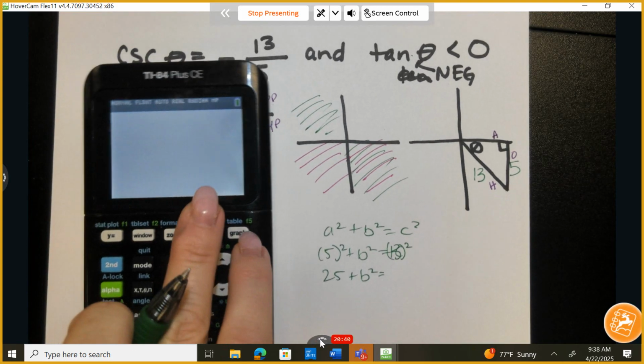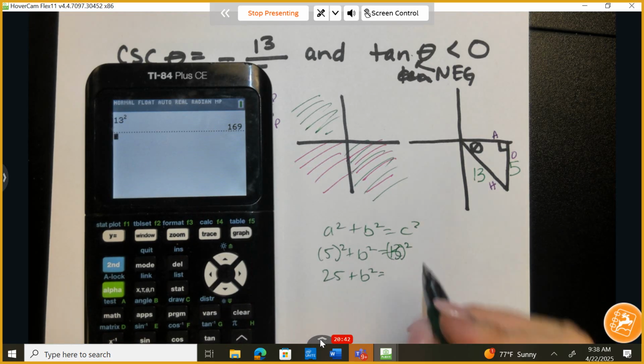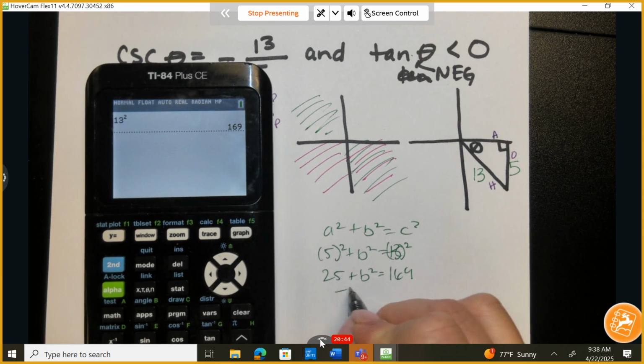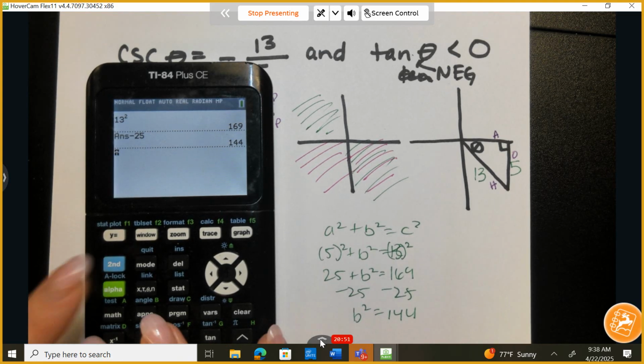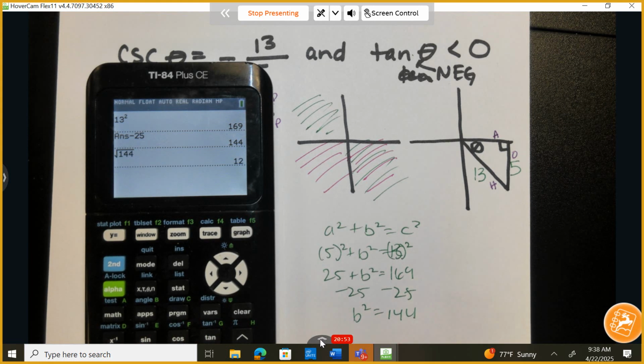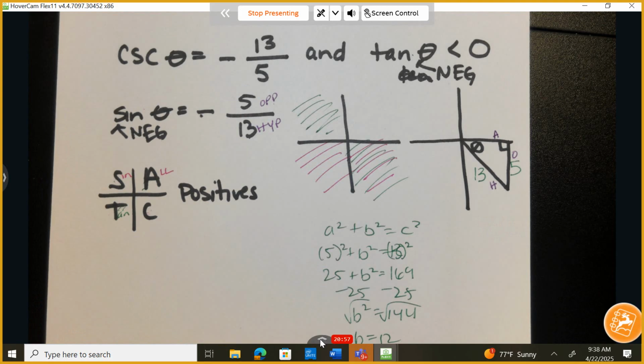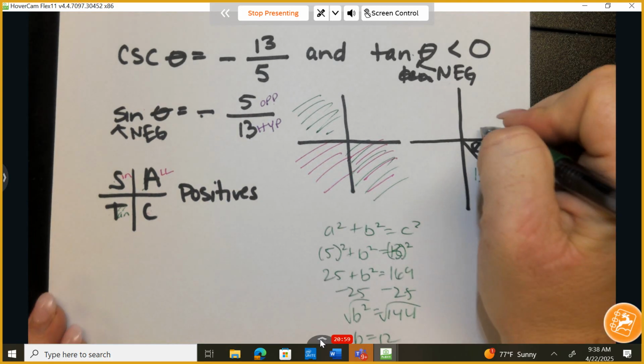No, it's 169, I think. Let's check. 169. And now I'm going to subtract 25 from both sides. And we have b squared is equal to 144. When I take the square root, we see we get an answer of 12.